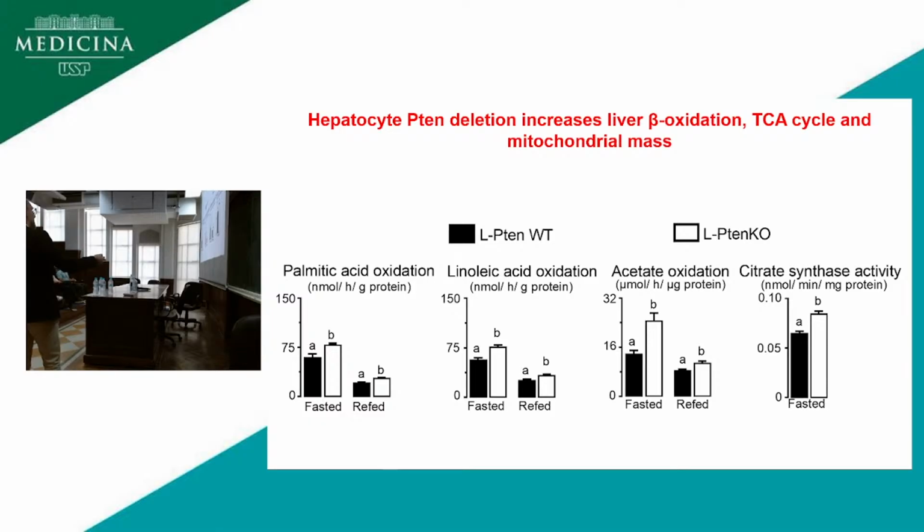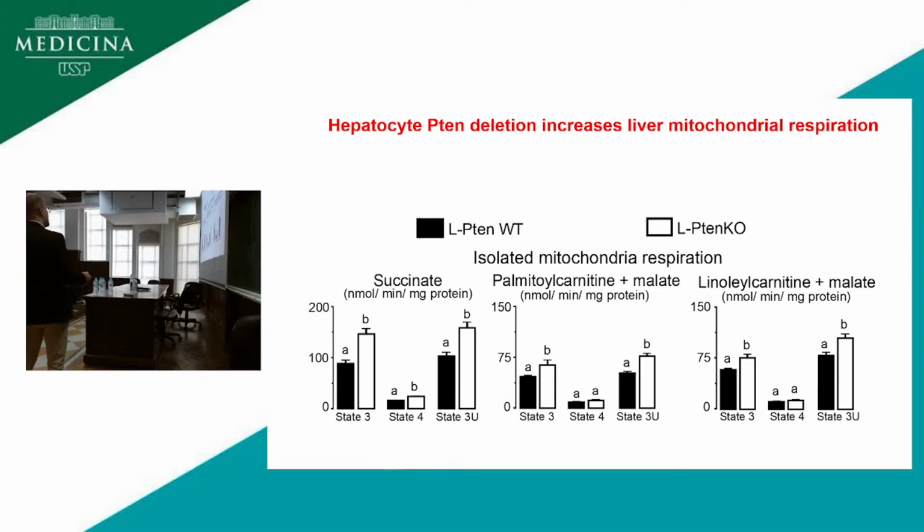And we also found an increase in citrate synthase activity, indicating that mitochondrial mass is also increased in the liver of these mice. So we are able to reproduce, in a different mouse model, the same phenotypes that we saw in the lipodystrophic mice, using a completely different model.